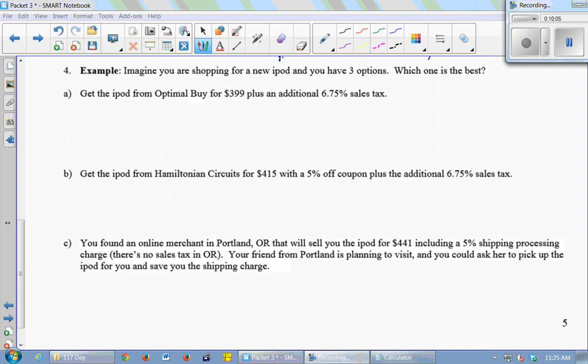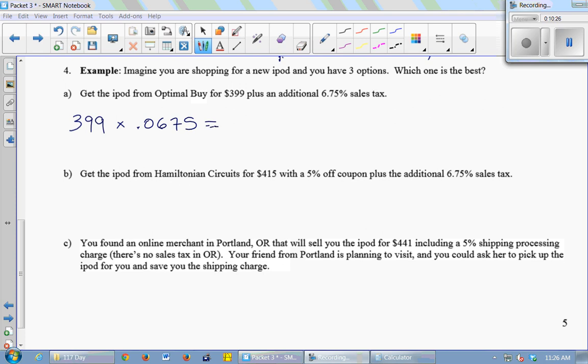That's what percentage means. So you multiply 399 times 0.0675. You have to take your percentage and write it as a decimal, or a fraction. Decimals are just a little easier.